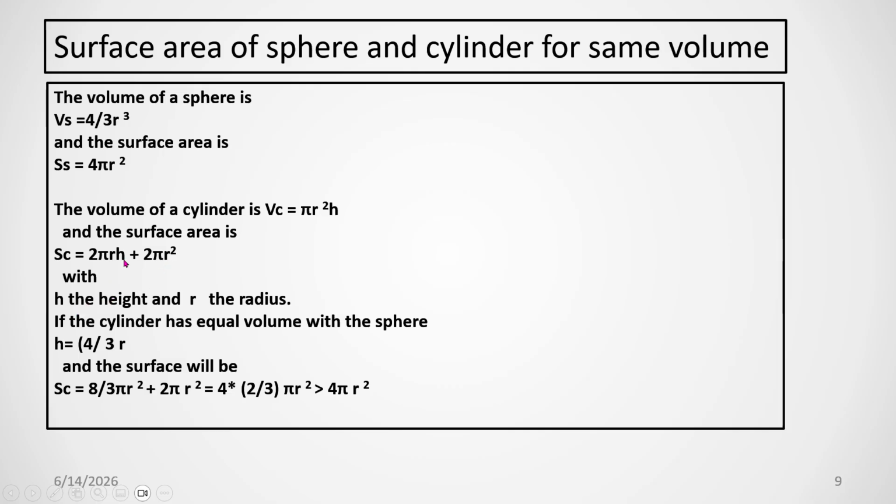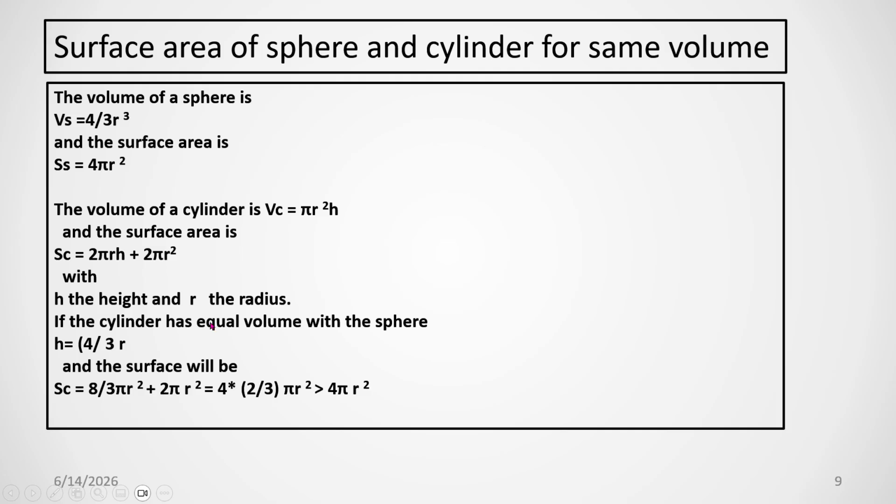Suppose h is the length of the pressure vessel. So if you compare the surface area, as they contain the same volume, 4/3 pi r cube is equal to pi r square h, and here it is this much.